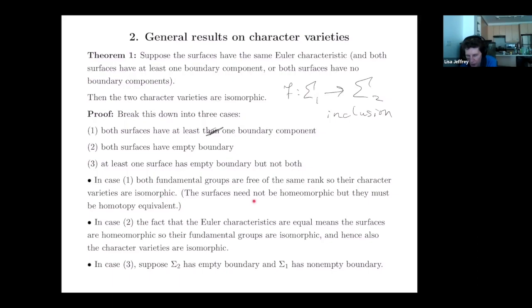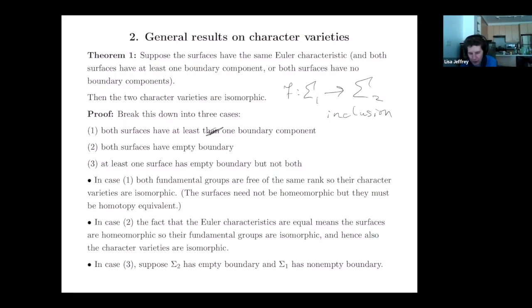Surfaces don't need to be homeomorphic, but they must be homotopy equivalent. In the second case, the fact that the Euler characteristics are equal means that the surfaces are homeomorphic, so the fundamental groups are isomorphic. And so also the character varieties are isomorphic.